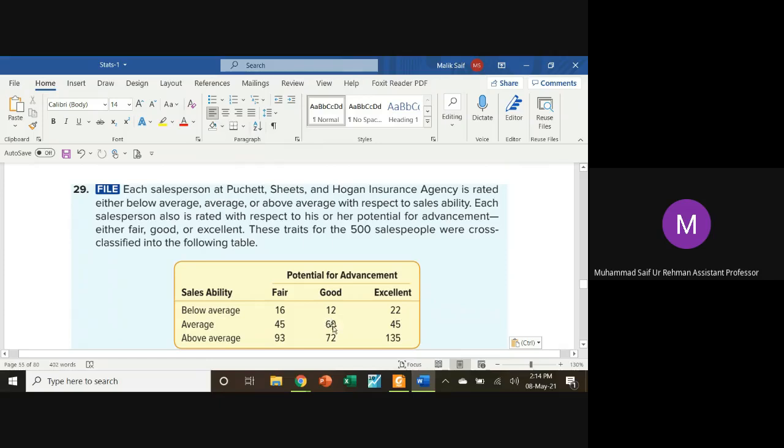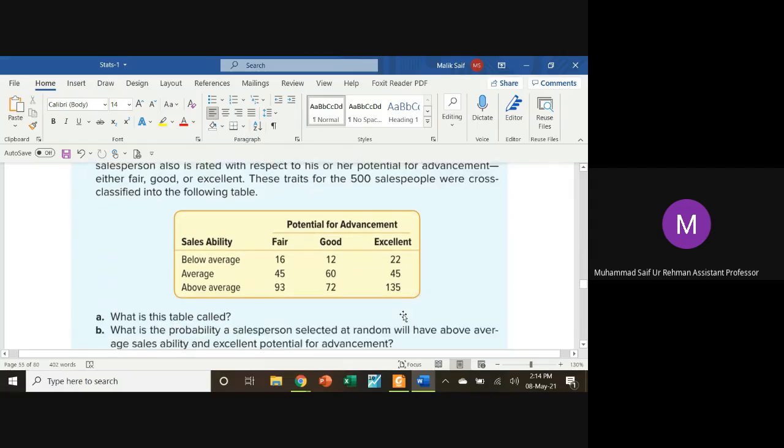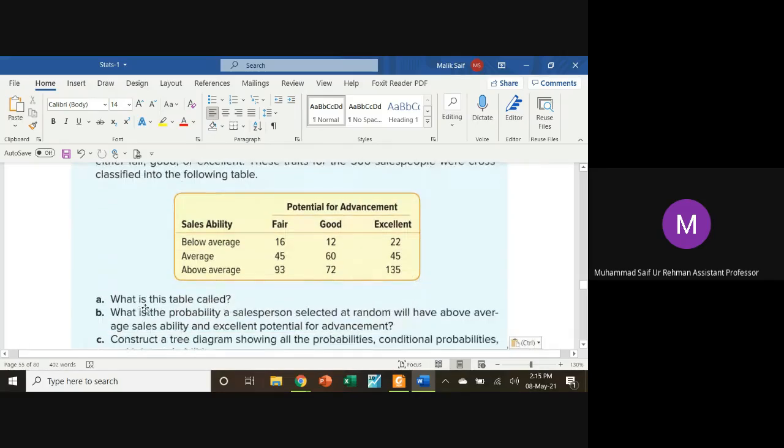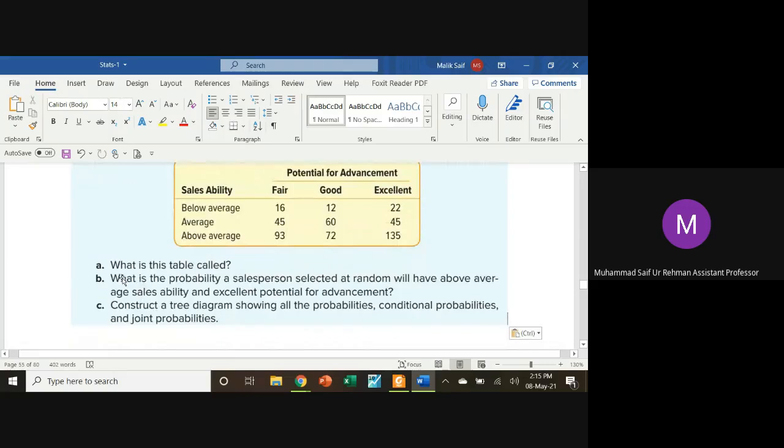Okay, so similarly, if you see this 135, it will mean that there are 135 salespersons with an above average sales ability, and at the same time the potential for advancement in their career is excellent. Okay, so this is the table, and now let us try solving the questions.